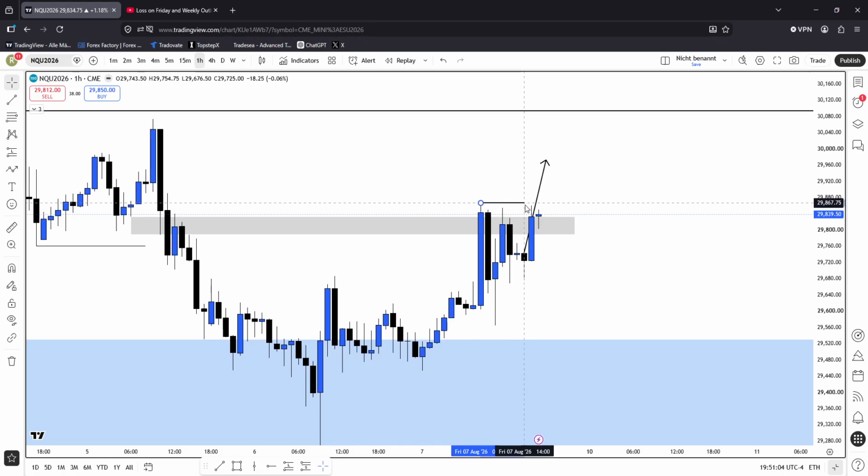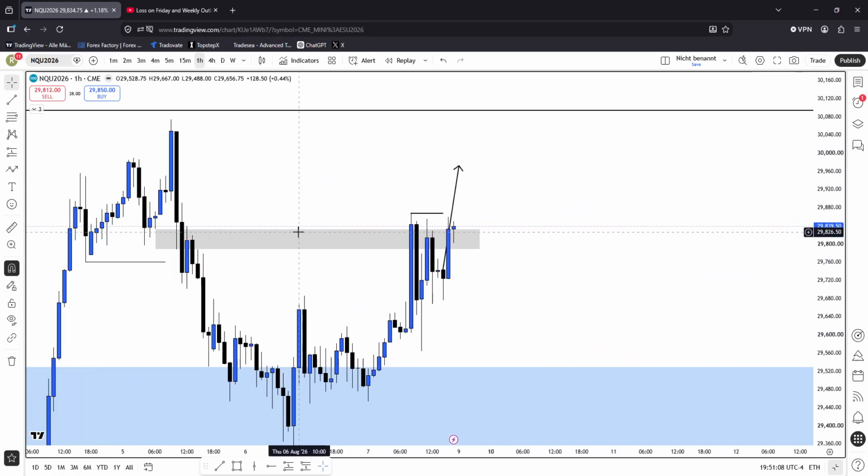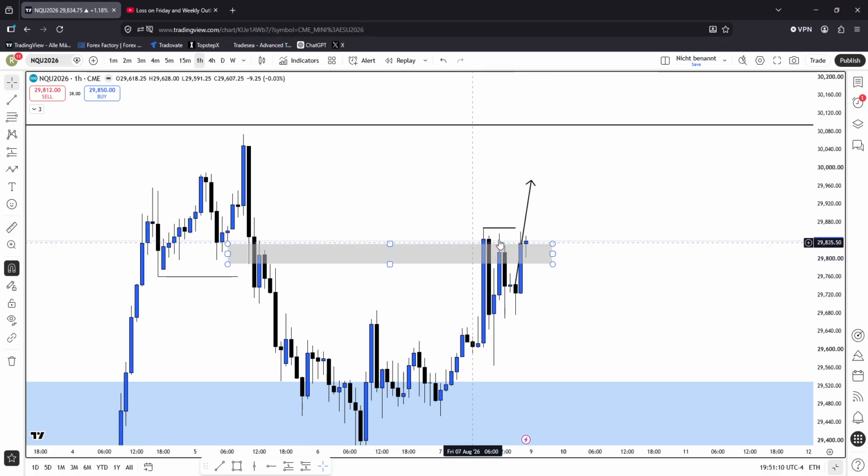As long as we don't have clear and significant displacement through this fair value gap and this high, there's still a possibility that we just get this one, and that would be something I would be pretty cautious about. I don't want to see us just sweep this one.